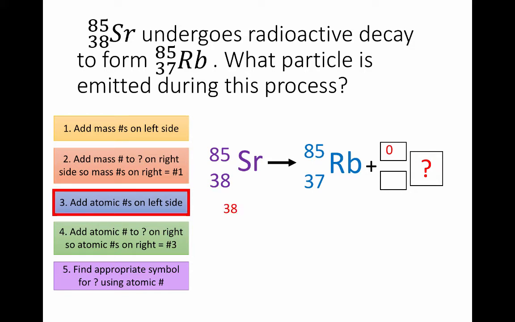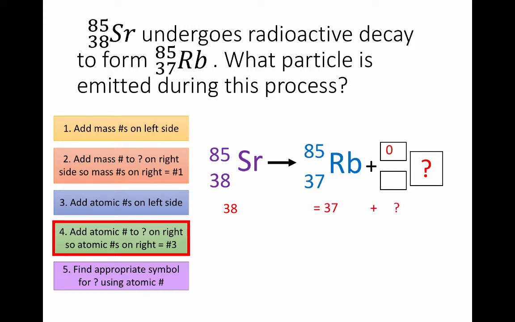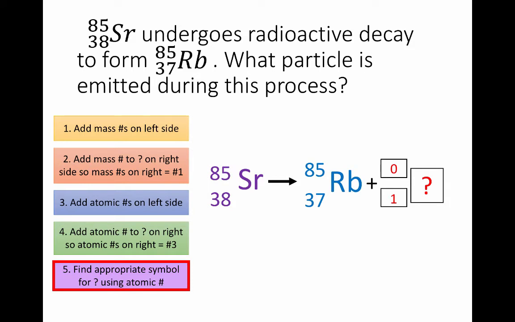On the left side, we have a total atomic number of 38. On the right side, we need to have everything add up to 38. So we have to say 37 plus what equals 38? The answer is 1. And so now we know our mass number is 0, our atomic number is 1. What is that particle? That particle is a positron.